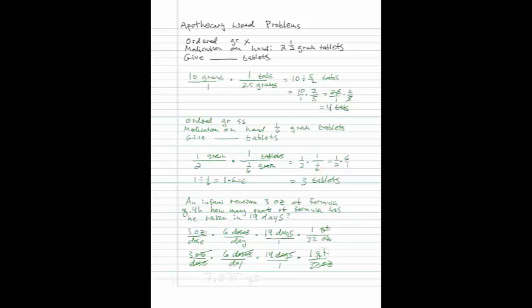Doses go away, days go away, ounces go away, and what's left is quarts. This is certainly a problem that is helpful with a calculator. So it is 3 times 6 times 14 divided by 32, and the result is 7.875 quarts. So if this formula is sold in quart cans, this individual should purchase 8 quarts to get through the 2-week period.